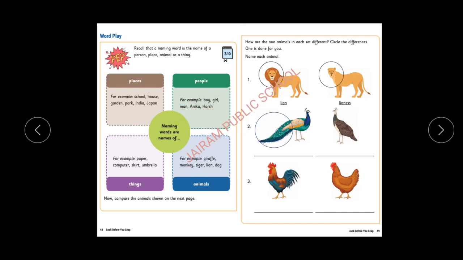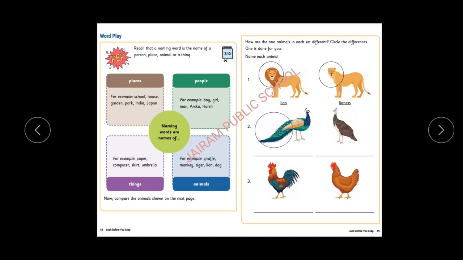So our name is also the name of a person. Next one, things: paper, computer, skirt, umbrella. We can say more examples like mobile, headset, pencil, eraser. These are all the names of things.